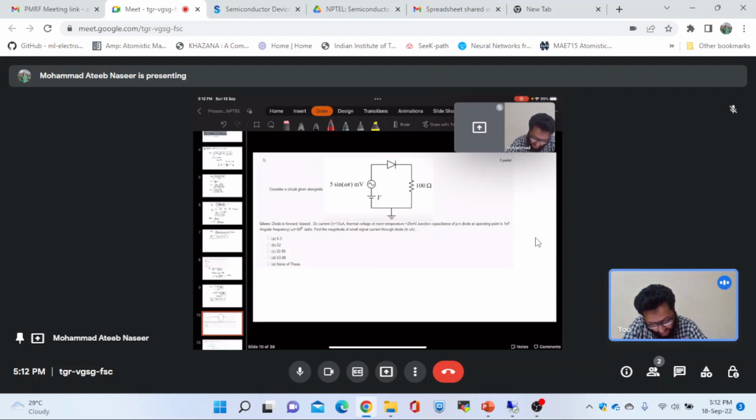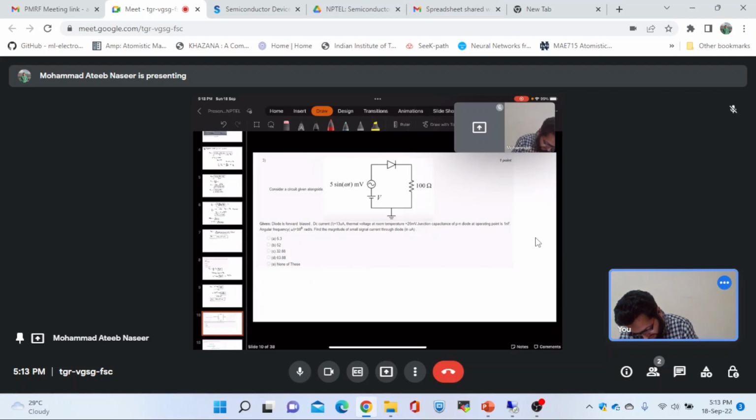The junction capacitance of this PN diode is given to be 1 nanofarad at some operating frequency, and that frequency is given to be equal to 10 to the power 6 radians per second, so be careful about that. We are required to find the magnitude of the small signal current through this diode.